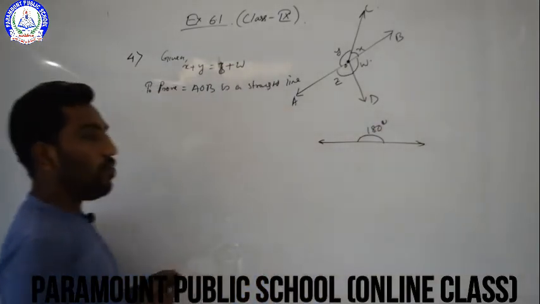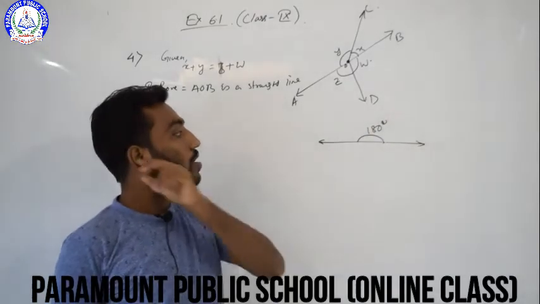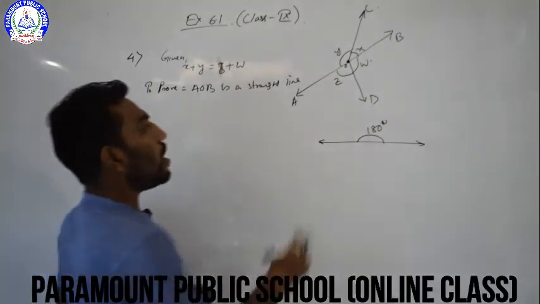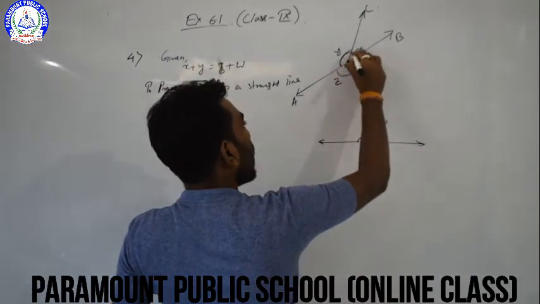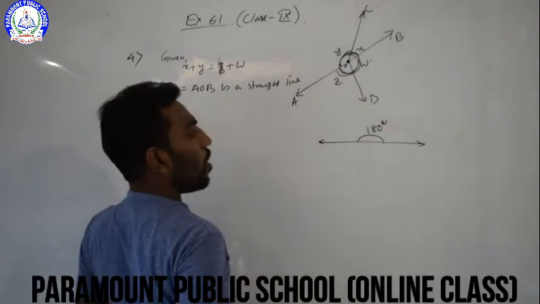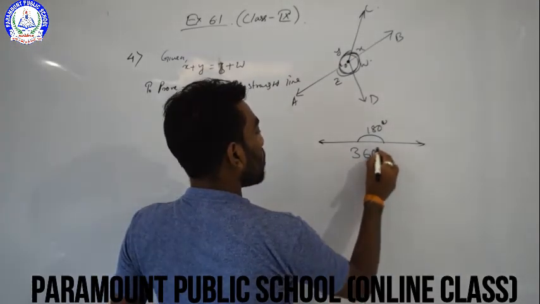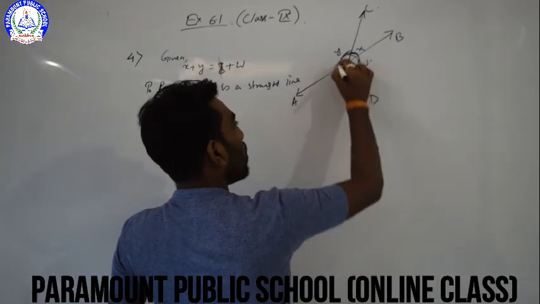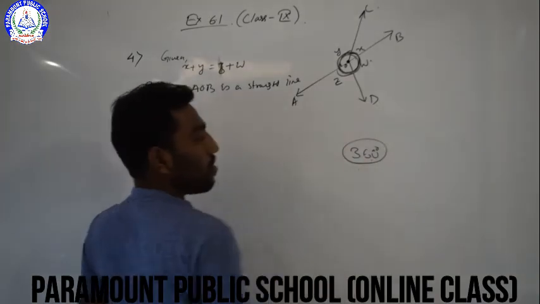So our main aim is to show that our angle is 180 degree. So now let us go to the figure. If I add all this complete angle, our sum will be how much? Yes, this will be 360 degree. If we consider the complete angle, our complete angle is nothing but 360 degree.